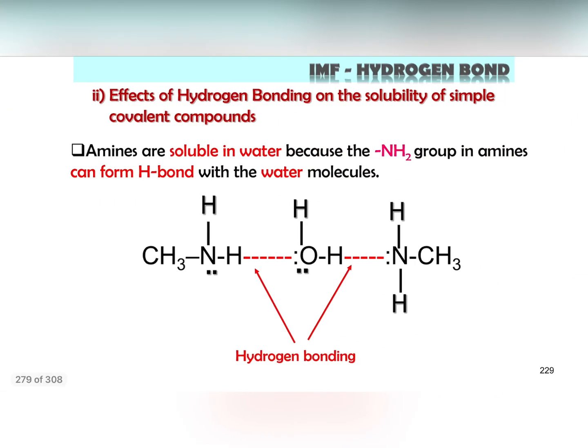Okay, so as you can see here, example, they are soluble in water because this part of NH group, dekat part sini, dia boleh buat hydrogen bond with water molecule. You can see ada hydrogen bond. So we say that this amine is soluble in water.